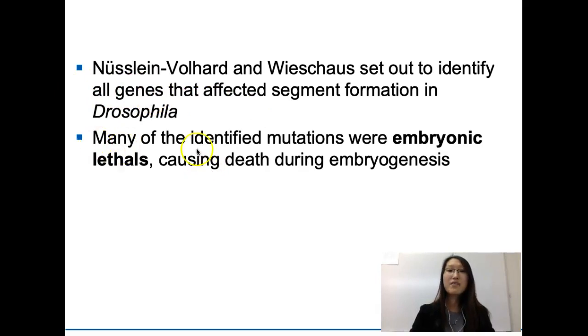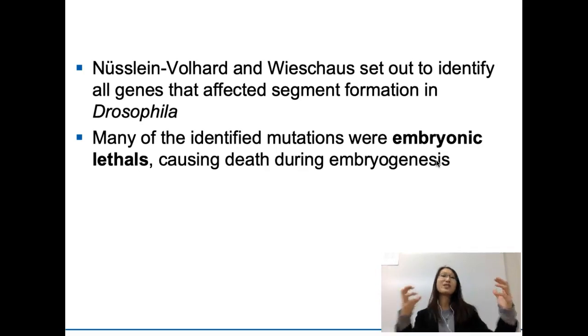And then many of the identified mutations were embryonic lethals, causing death during embryogenesis. What that means is that because these, I think 1,300, 1,400 genes are so important, they're so important because that's what gives you the organism, right? Because if you have a ball of cells, that's usually not a living organism. If you're trying to make a fruit fly, this fruit fly has to at least have the fruit fly shape in order to live.